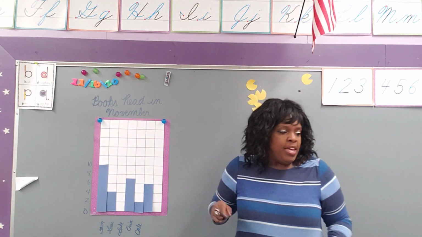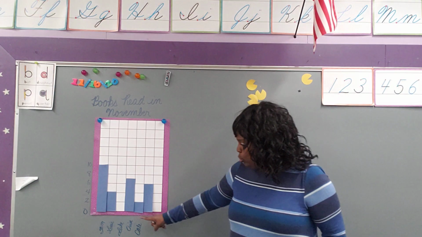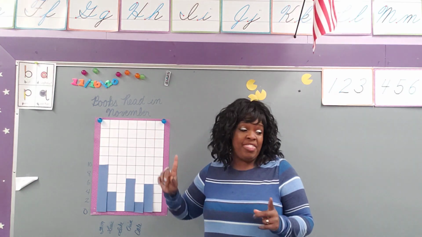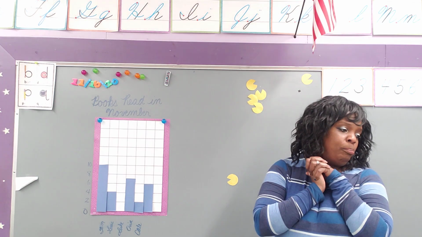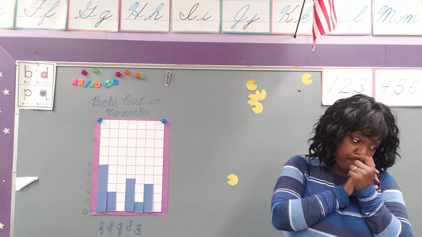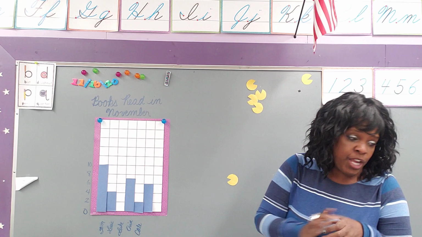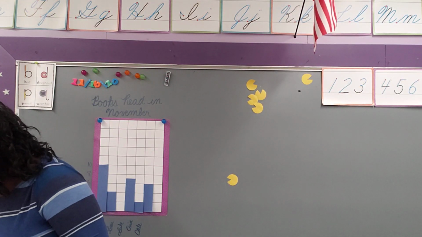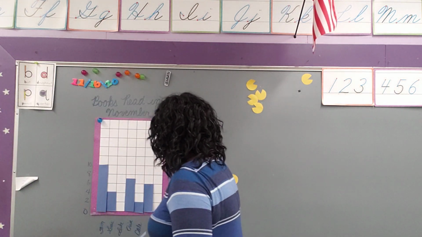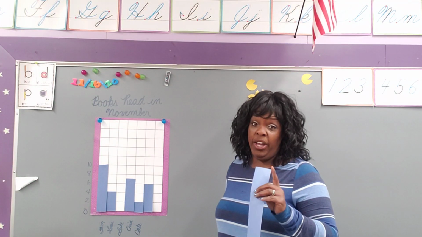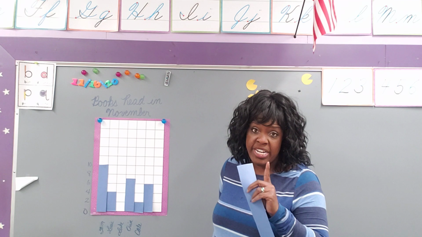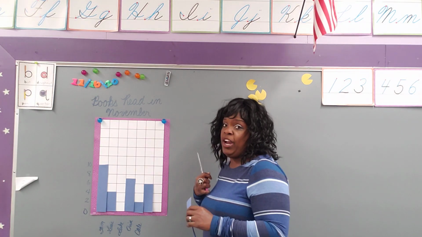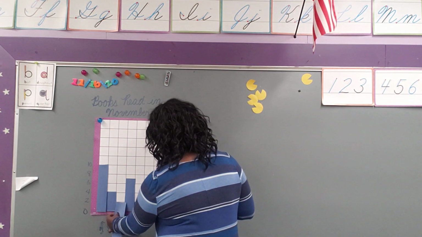Now, we have one, Luke, where there's nothing here. There's nothing there because I want you to help me figure out where I should put his number of books. So Luke read 5 books. Where should I put it? I want you to shout at the screen so I can hear you when you can tell me where 5 is.